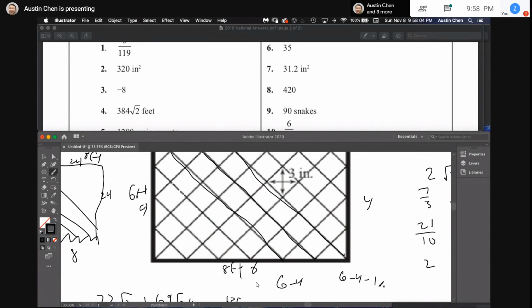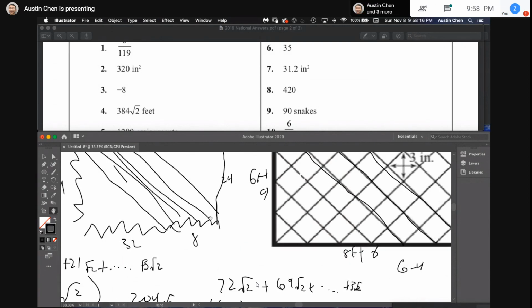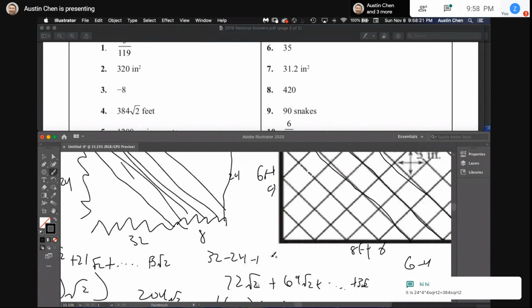So like if we added 1 to here, it would add 1 diagonal, right? And if we added 1 to here, it would subtract 1 diagonal. So instead of it being 8, it should be 32 minus 24 minus 1, right? Which is 7.